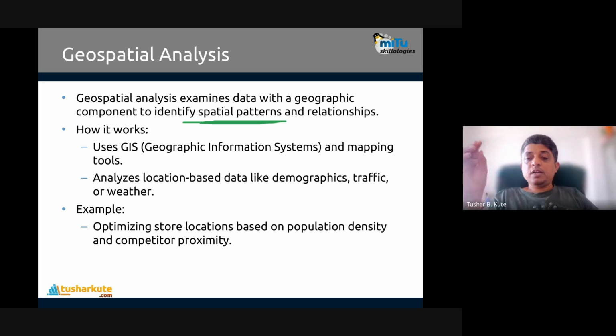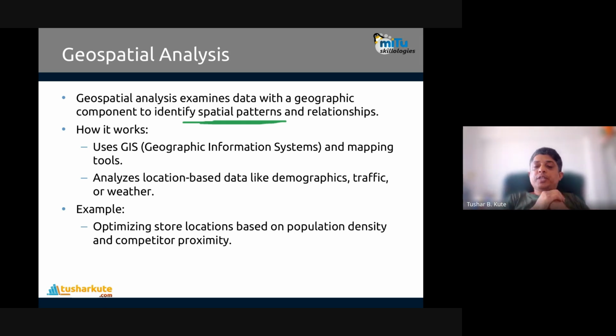Spatial data is data in longitude and latitude format. In these systems, like GIS, geographical information systems, and mapping tools like Google Maps and Wikimapia, they are using this particular tool. So you can analyze the data based on location, demographics, traffic, or weather.